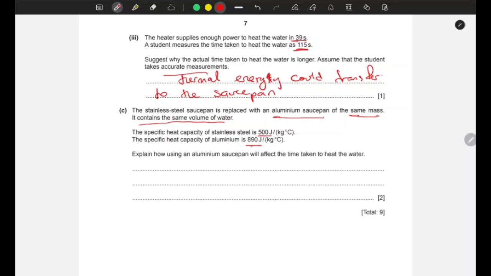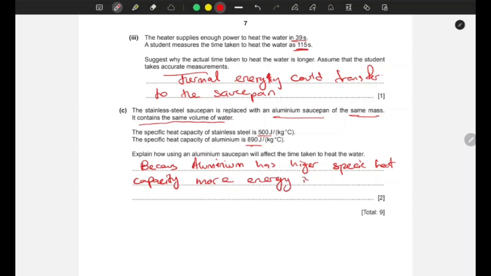So to answer this, because aluminum has a higher specific heat capacity, more energy is needed to increase the temperature.